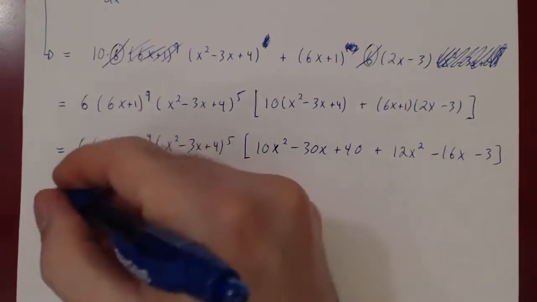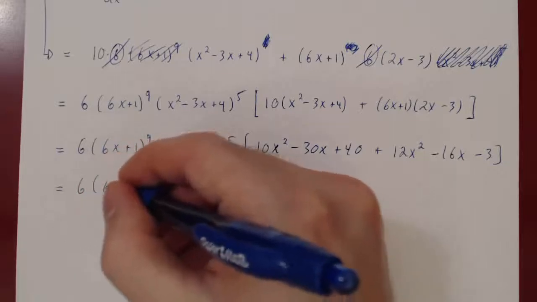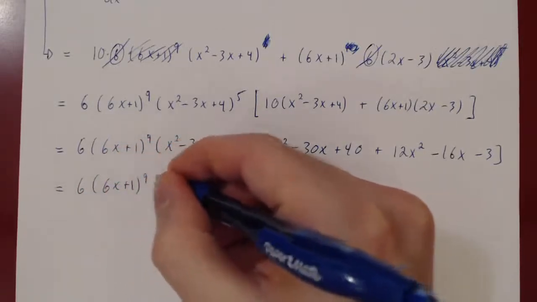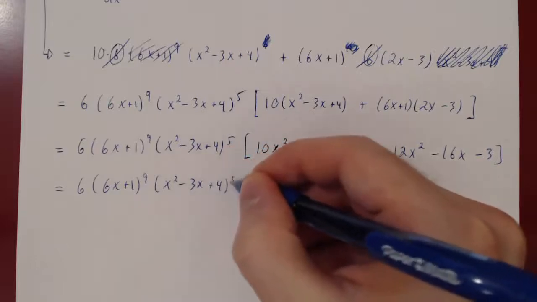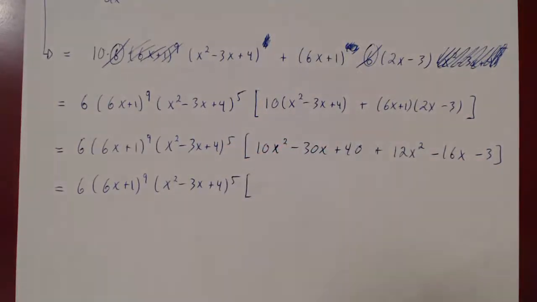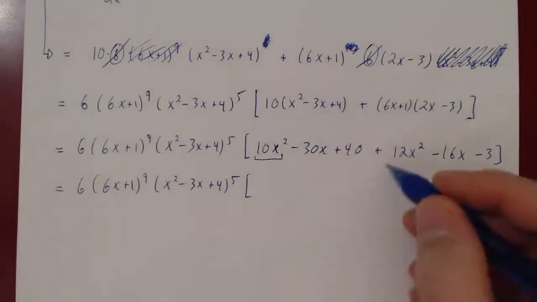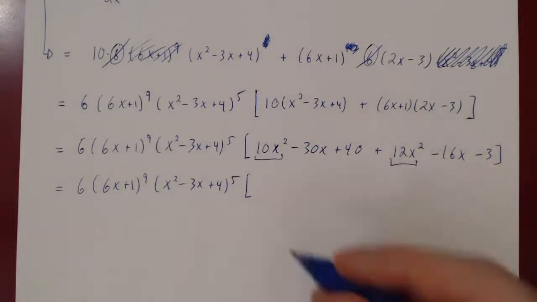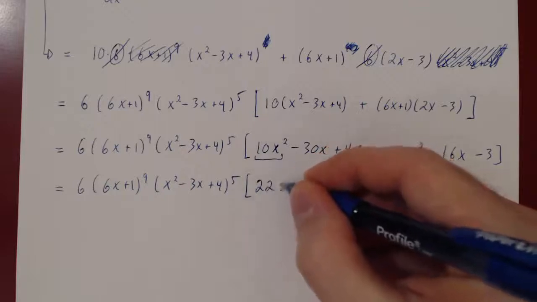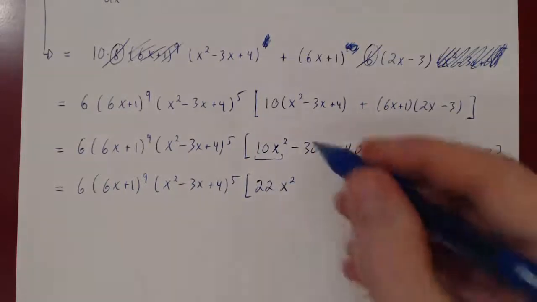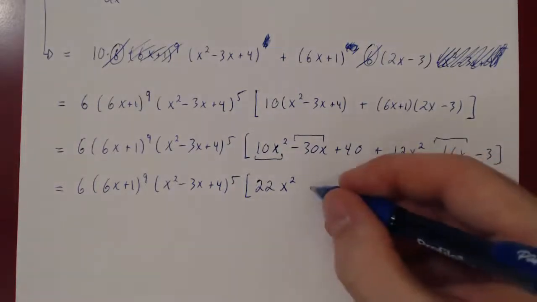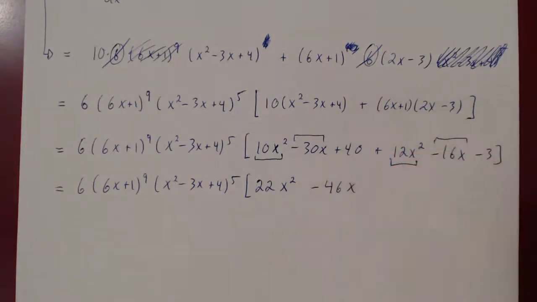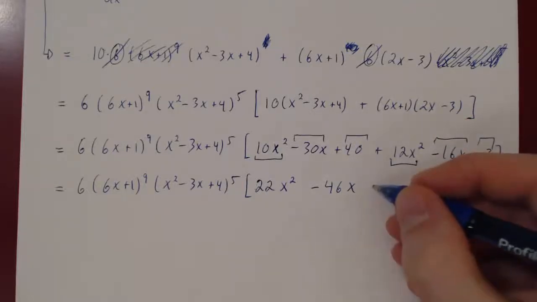And now we can simplify. Multiples of x squared: there's 10x squared plus 12x squared. That's 22x squared. Multiples of x: negative 30x, negative 16x. That's negative 46x. And the constant terms, positive 40 minus 3, 37.